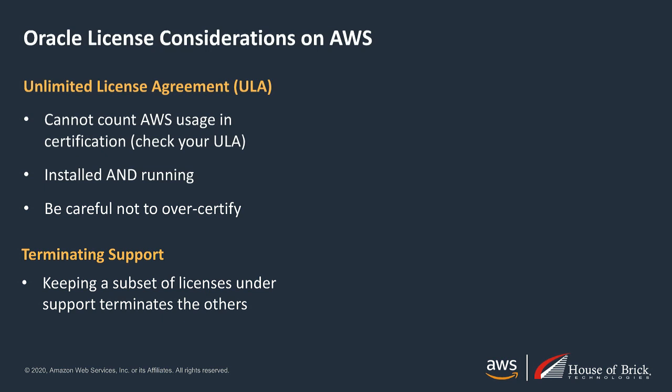So if you're trying to wind down your Oracle entitlement over time, you have to be very careful about how you release licenses so that you're not accidentally canceling licenses that you're actively using and creating a situation that will be very bad for you in an Oracle audit.